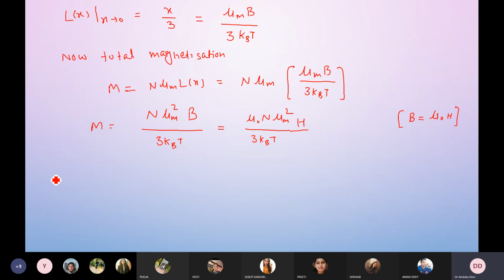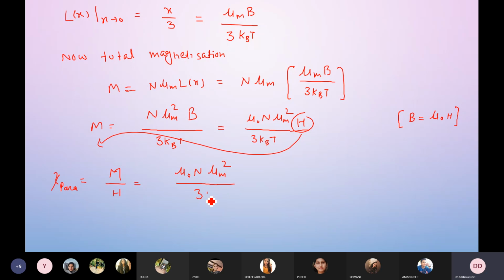So the paramagnetic susceptibility, chi para, is defined as M upon H. If you take this H to this side, this gives you the paramagnetic susceptibility, which is equal to mu naught N mu m square divided by 3 kBT.